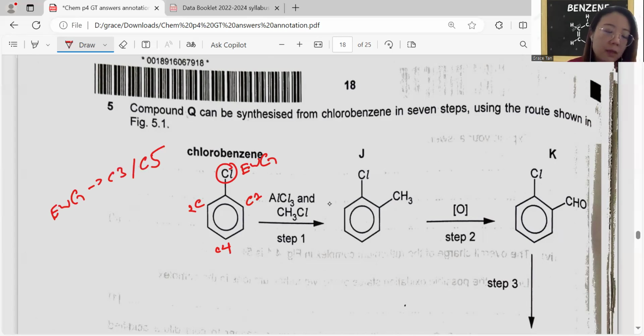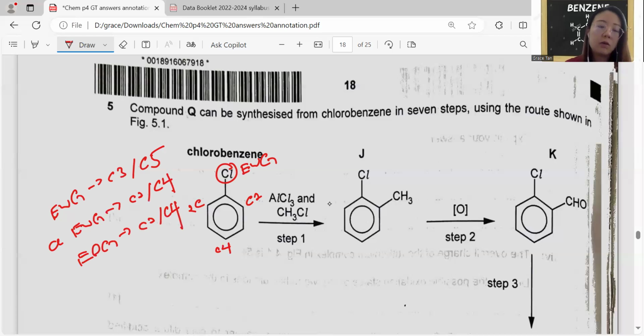But chlorine is an exception case. Instead of C3, C5, it will direct to C2 and C4. Generally, electron donating groups direct to C2, C4 positions, but chlorine, although electron withdrawing, will direct to C2, C4 instead of C3, C5. That is just a quick recap.